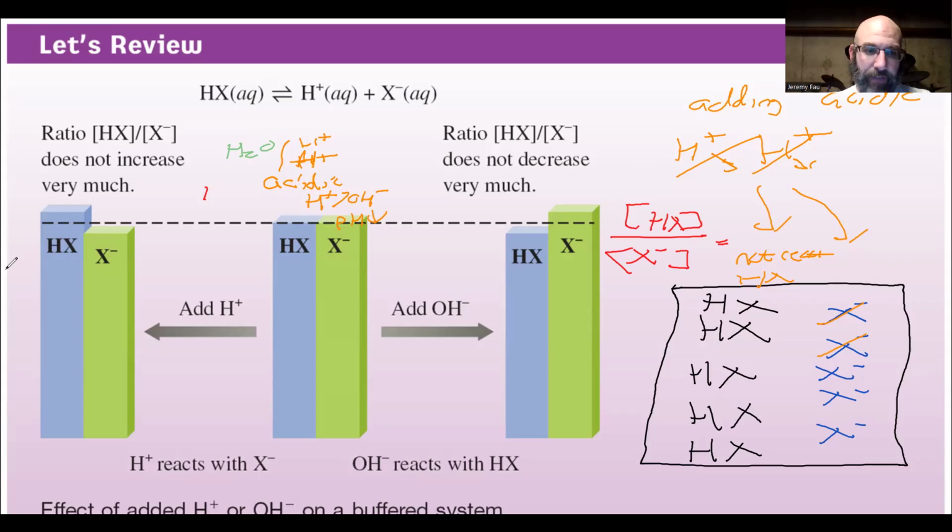Now, if I were to do a new ratio in purple over here, HX is greater than X minus. Because we have more HX than X minus, our pH is going to go down, but not as much, because we neutralized the H pluses.